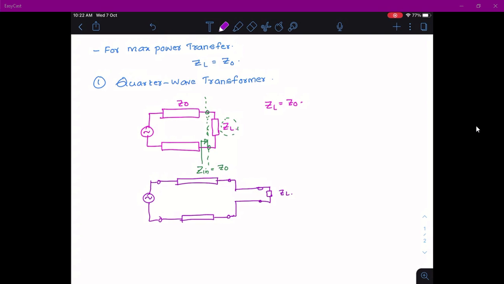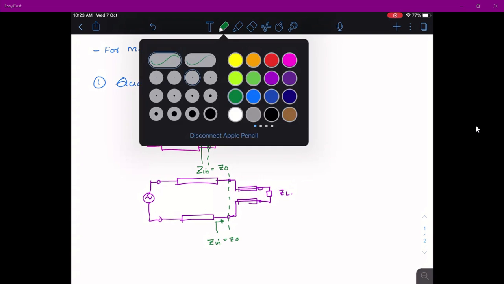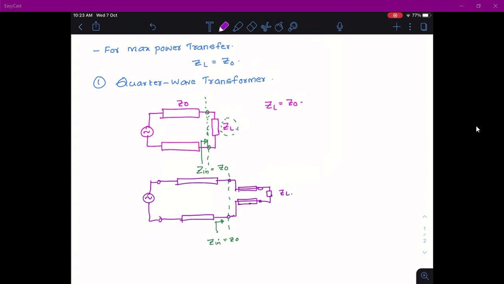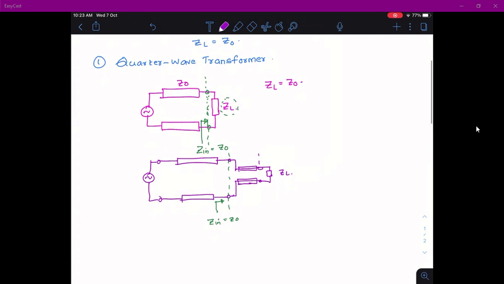So this is another transmission line which I am connecting, so that when I look from here, I see Zin equal to Z0. Now the question is, what should be the length of this transmission line? And what should be the characteristic impedance, or I say Z0 dash.